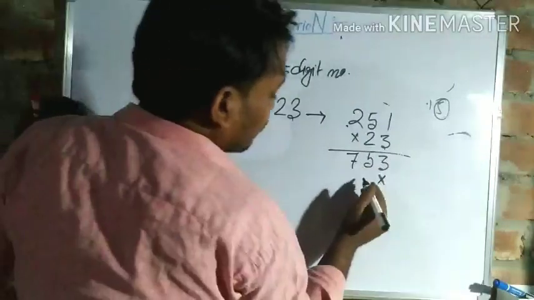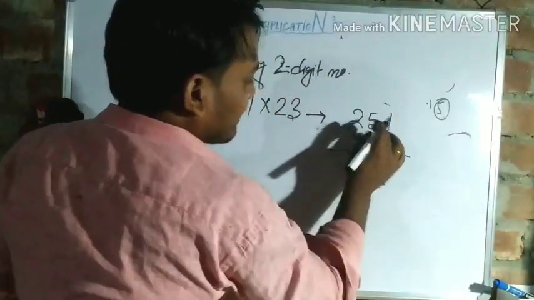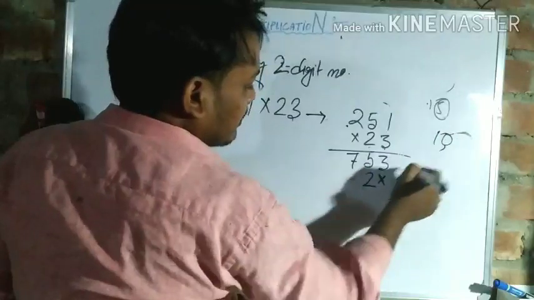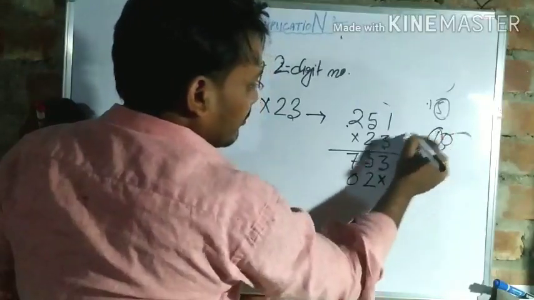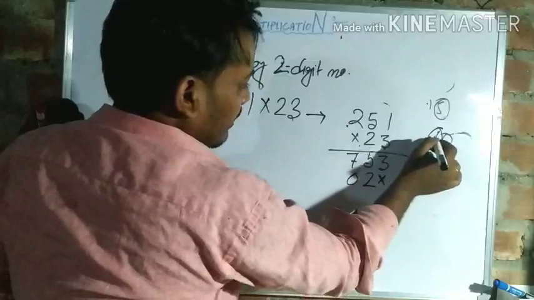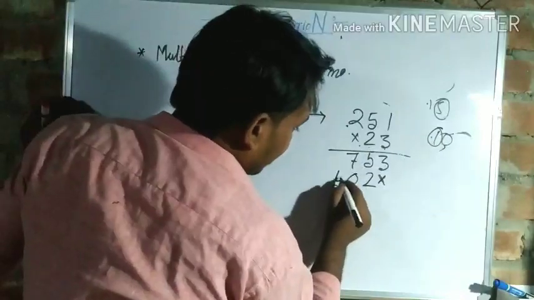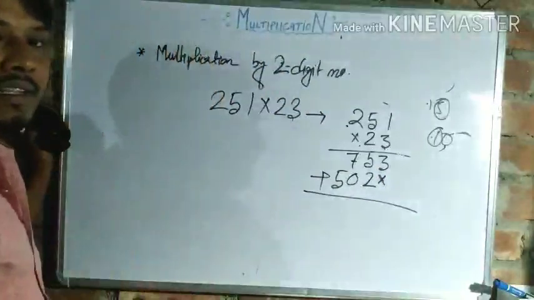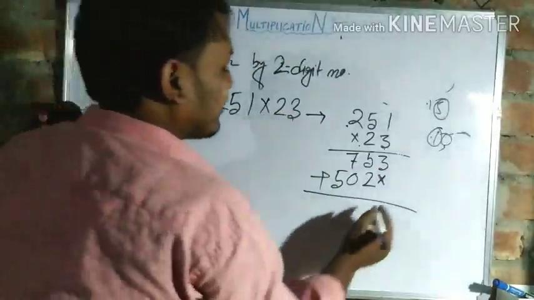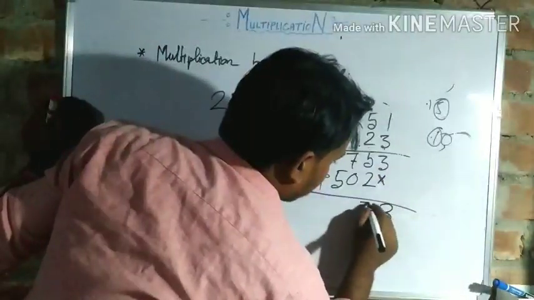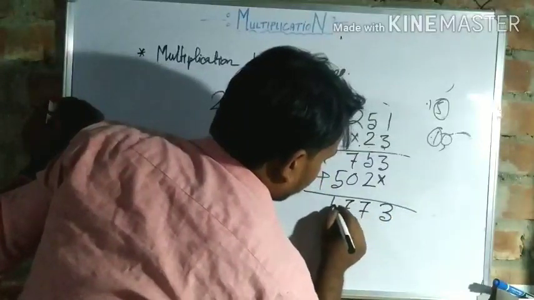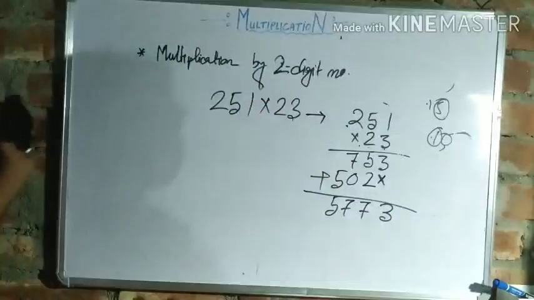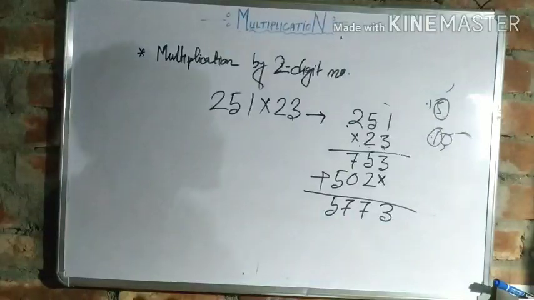So 2 ones are 2, 2 fives are 10, a two digit number, so 0 and 1 is carried over. 2 twos are 4 plus 1 is 5. Then add these two results, and we get the result of this multiplication. So it becomes 5773. So 5773 is the result.